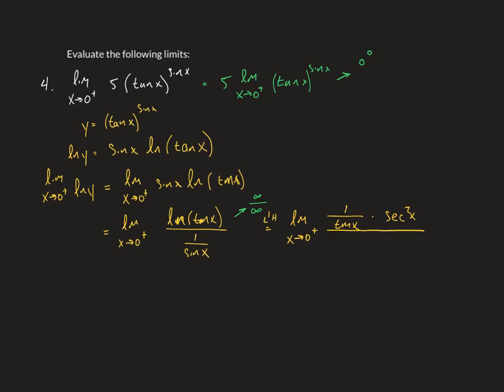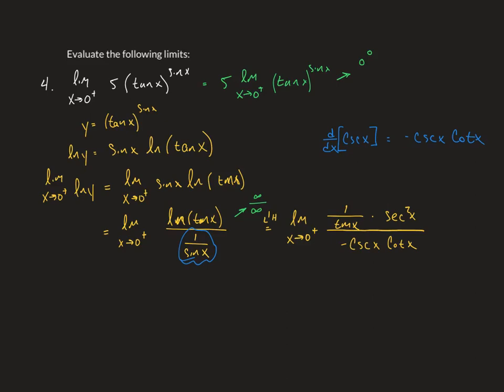And hopefully we recall that the derivative of cosecant of x is negative cosecant of x times cotangent of x. And so what we did there is we just had to recall that that is really cosecant of x. And if you take the derivative of cosecant of x, you get negative cosecant of x times cotangent of x. It's just an old derivative that hopefully we've got memorized by now.